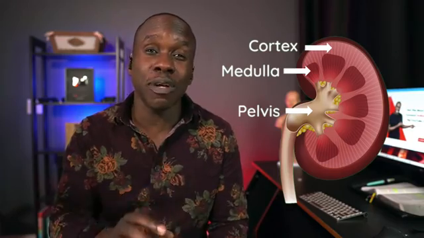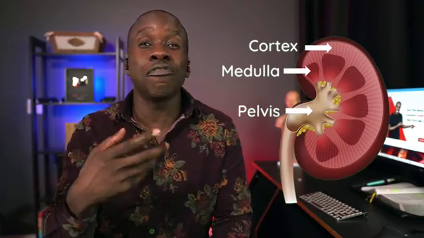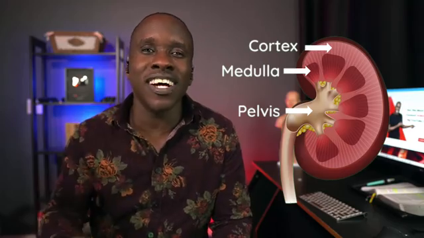Now, the kidney is going to be very much involved in filtering and cleaning the blood. You have a lot of blood that's going to the kidney. And here you can see some of the blood supply. In the next video, we're going to dive deeper into the blood supply and look at which vessels are coming to and which vessels are going away from the kidney. This is going to be very important for you to understand the function of the kidneys.